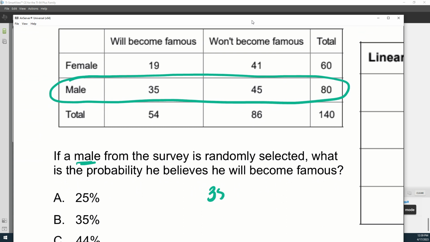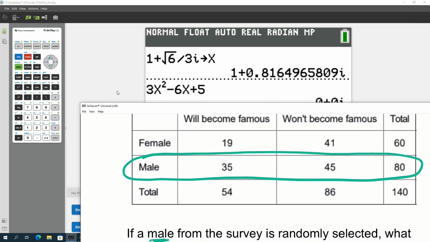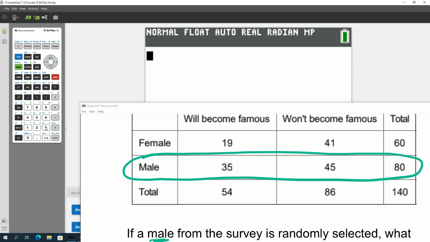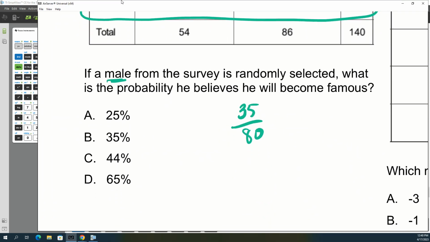So 35 out of all the males, 80. And then you would just divide that 35 by 80 in the calculator. And you get that, which doesn't match exactly with any of them, but it is the closest to 44%.